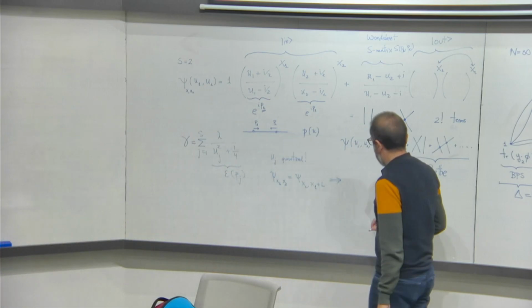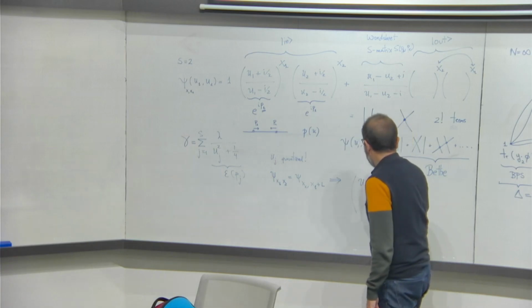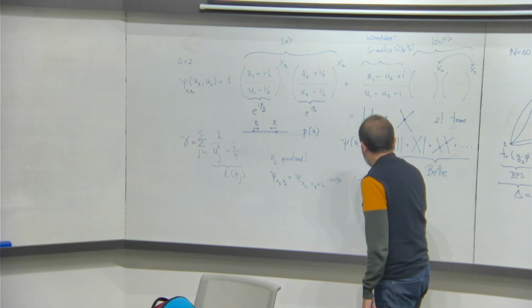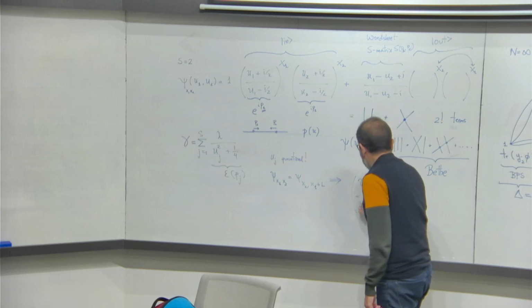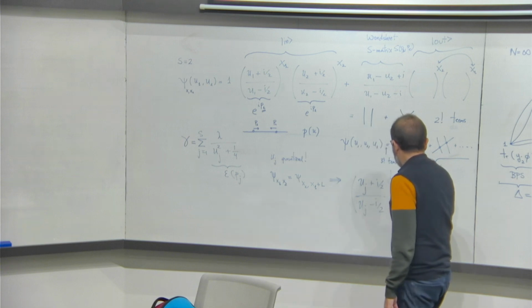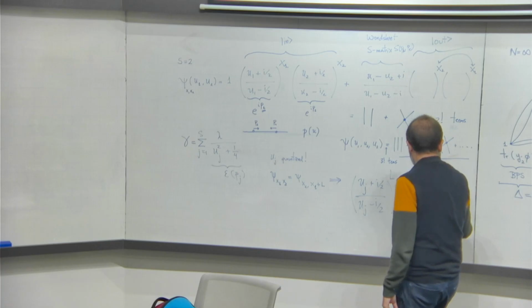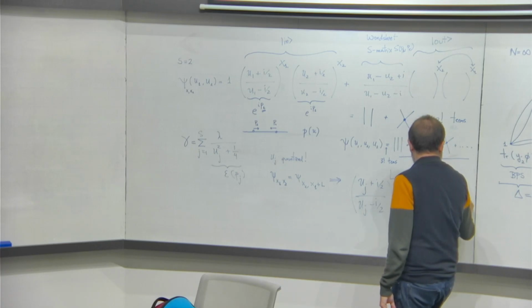I'll write it already for n particles. You get the equation that ((uj plus i/2) over (uj minus i/2)) to the L times the product over k not equal to j of (uj minus uk plus i) over (uj minus uk minus i) is equal to 1.